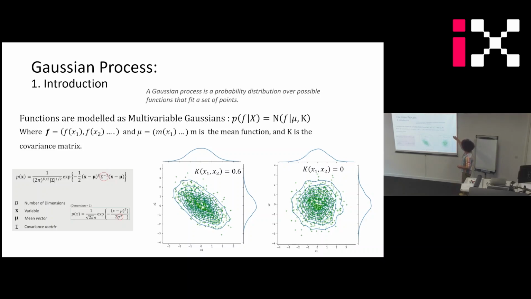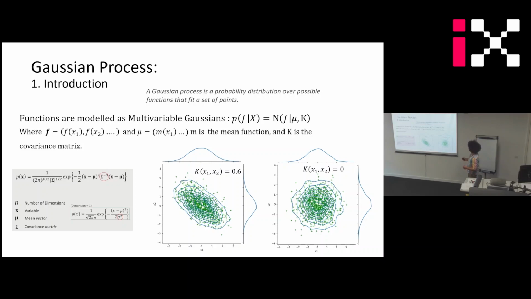The probability of f knowing x is going to be defined as a multivariate Gaussian, which is defined by its mean vector and covariance matrix. Here is just an example of a multivariate Gaussian in 2 dimensions, showing how your distributions change when you change the covariance between the 2 variables, x1 and x2.